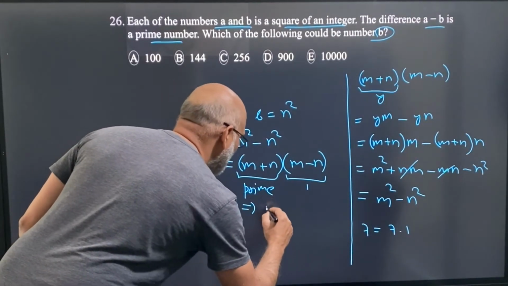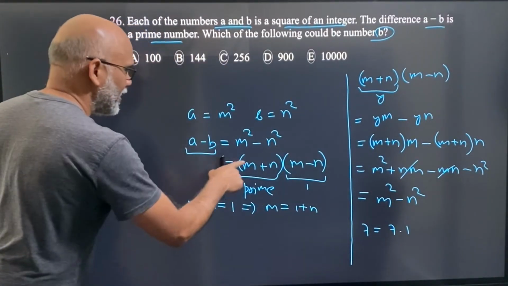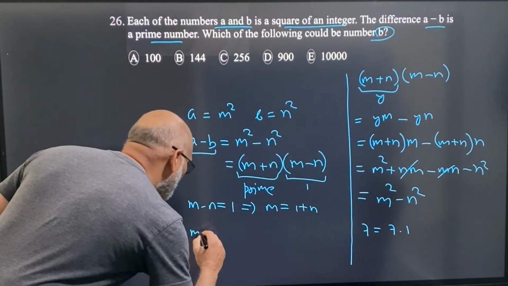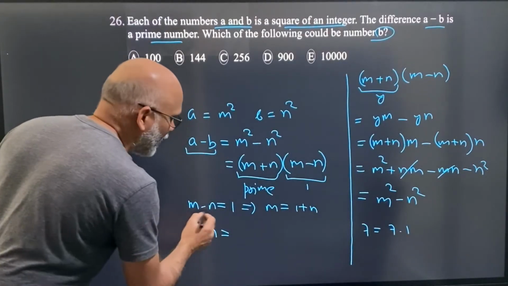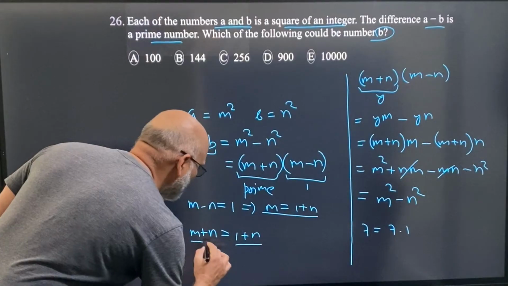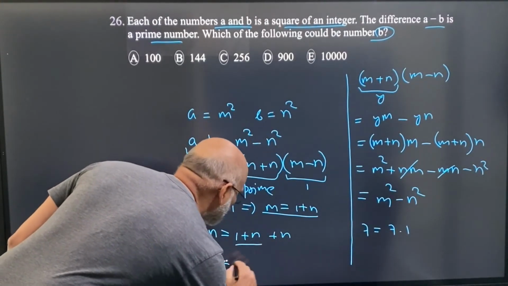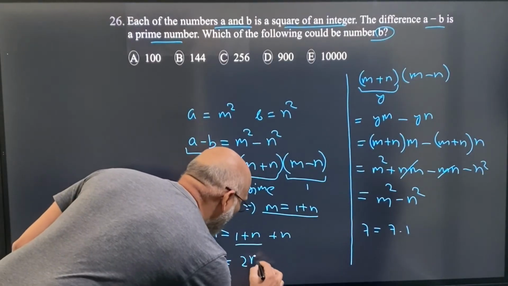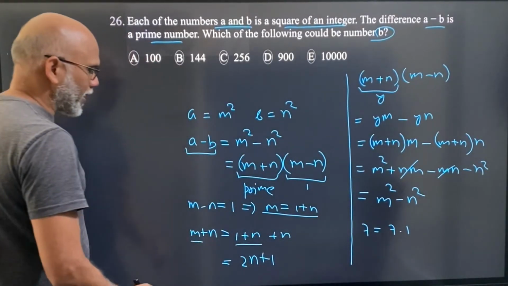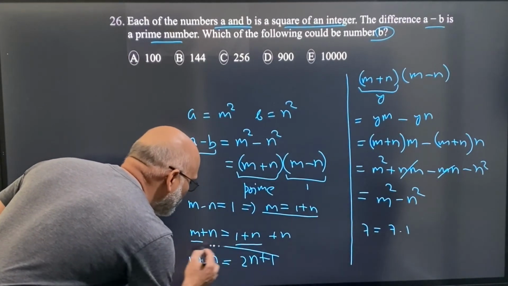This tells me that m is equal to 1 plus n. Okay, now m plus n, m is 1 plus n, so again it is 1 plus n plus n. So n plus n is 2n plus 1. Okay, so that is m plus n.